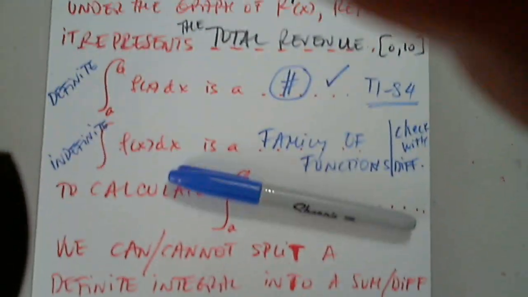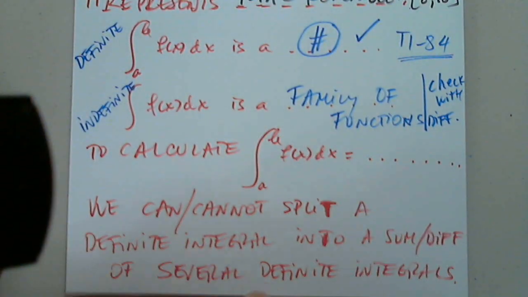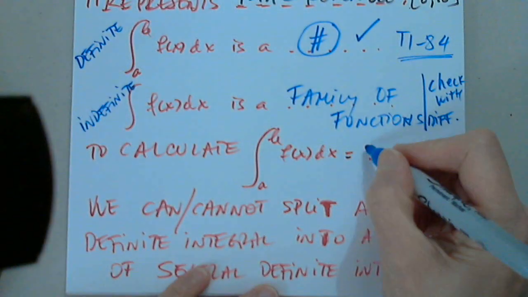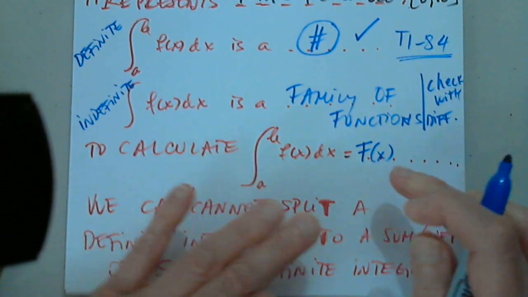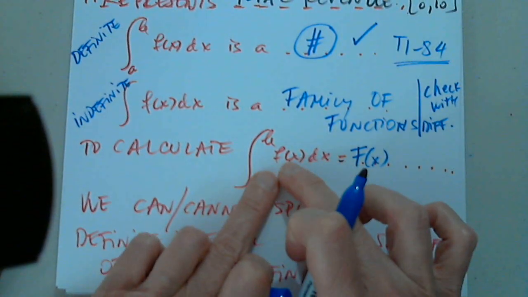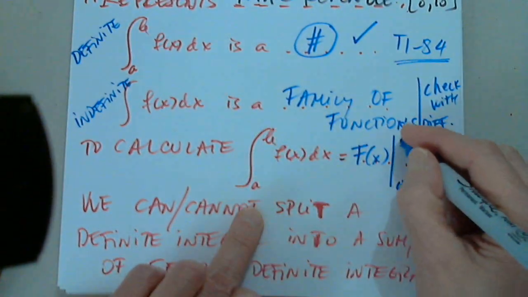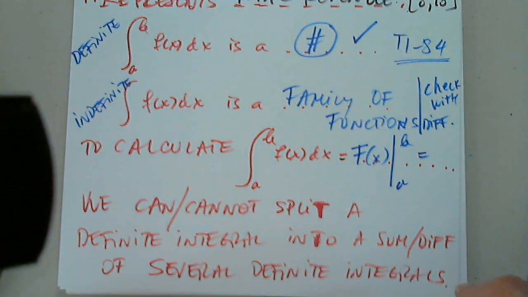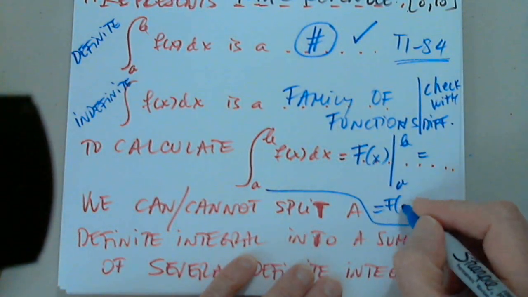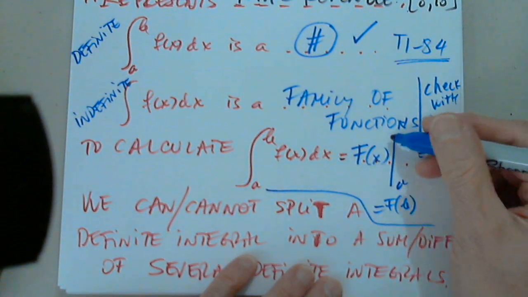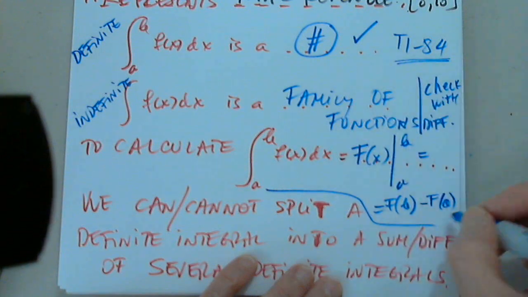What was the rule that we used? The fundamental theorem, yes. So we write F of x, the antiderivative of this function, with a vertical bar from a to b. And how do I calculate this? F of b minus F of a. Excellent, F evaluated at b minus F evaluated at a. Please remember this is the rule.